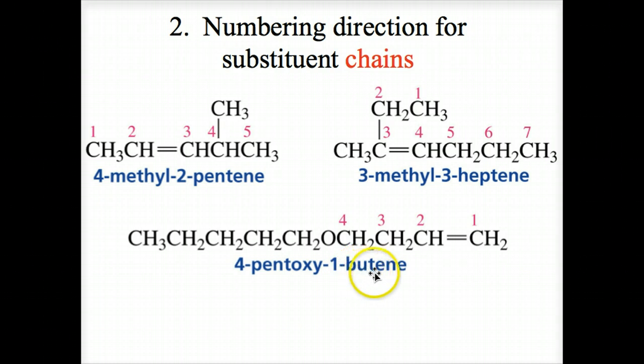So we have 1-butene, and notice this oxygen in the middle of the molecule. As you can remember, we can name this as a substituent of the alkene. It's a 5 carbon chain bonded to oxygen, so we can call it pentoxy. It's on number 4, so 4-pentoxy-1-butene.